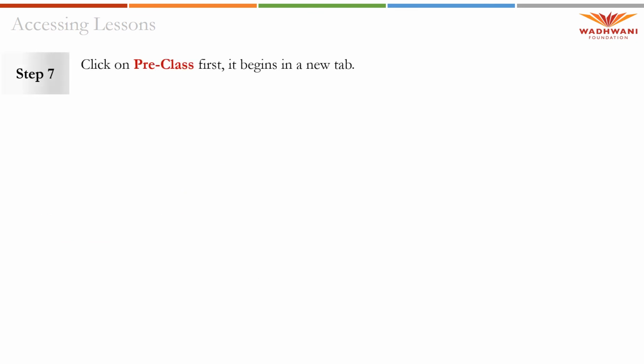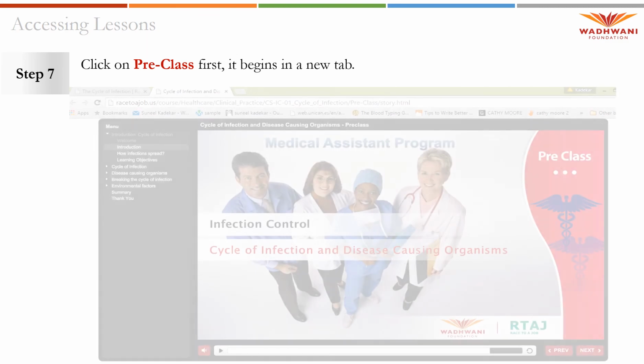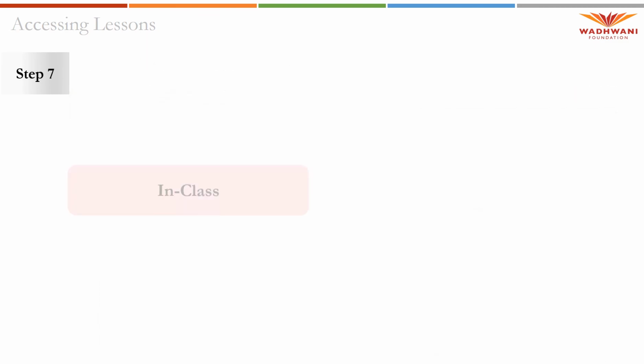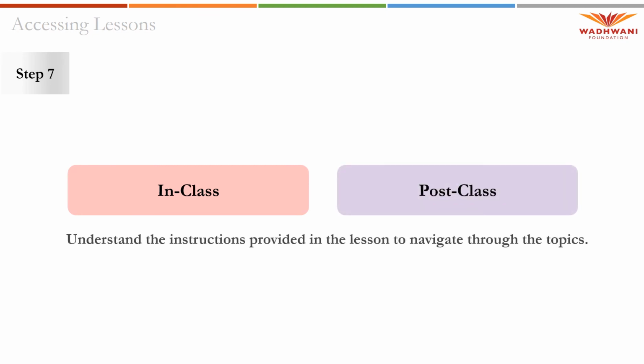Click on Pre-class first. It begins in a new tab. Follow the same procedure to access in-class and post-class sessions. Understand the instructions provided in the lesson to navigate through the topics.